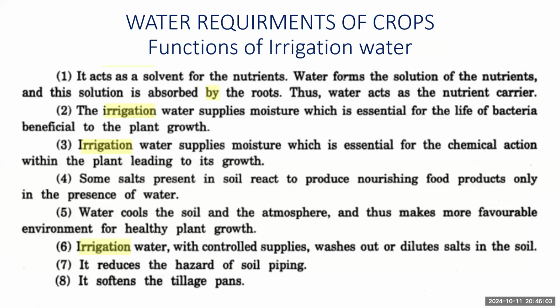Now, at first, we are going to discuss what are the functions of irrigation water. This irrigation water acts as a solvent for nutrients. These nutrients are available in the soil. So when water is absorbed by the soil, a solution is formed, and this solution of nutrients is absorbed by the roots.